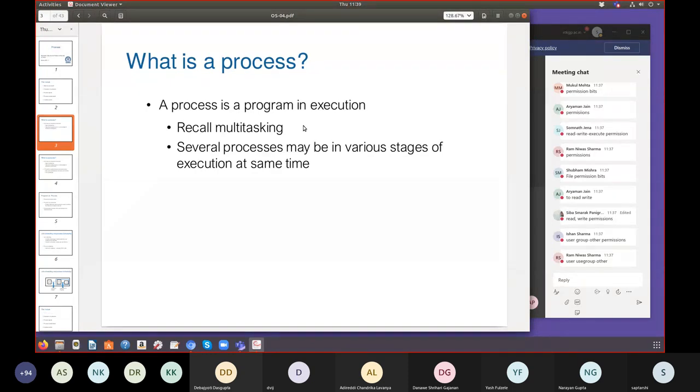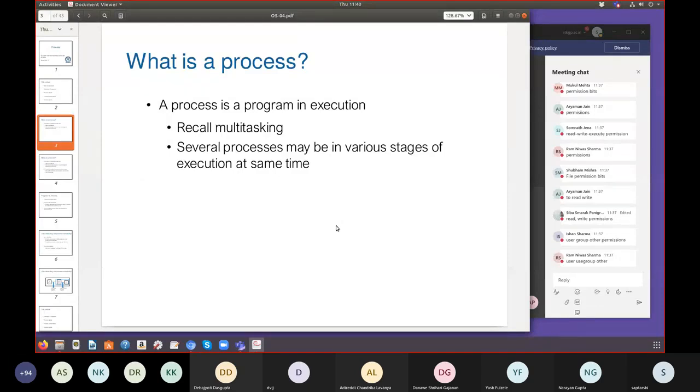At time t plus 5, maybe process P2 is running. At time t plus 10, process P5 is running, and so on. So several processes are there in system memory, and they are running concurrently. We don't say simultaneously, but we say concurrently, because at one point of time only one process is running.